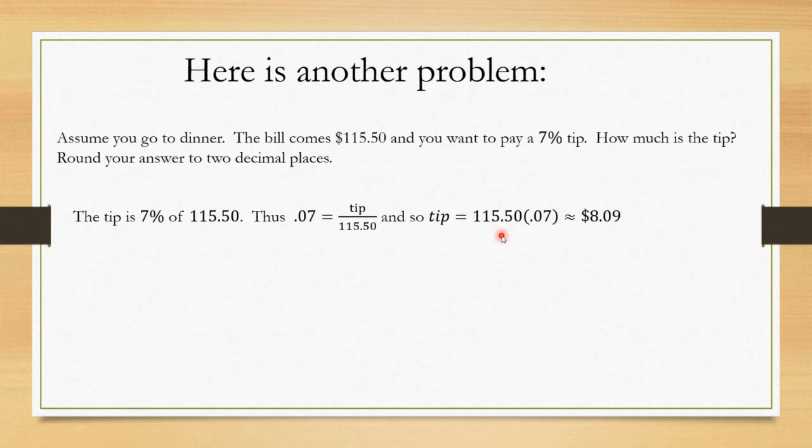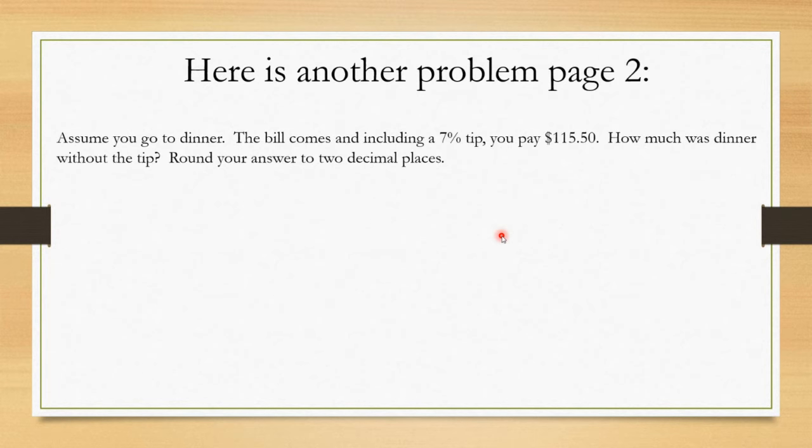That is, let's consider this now. Now we're going to go to dinner. The bill comes, but now we're going to assume that including the tip, this is how much you pay. So that's not just the bill, that includes the tip as well. But now the question is, how much was the bill without the tip?